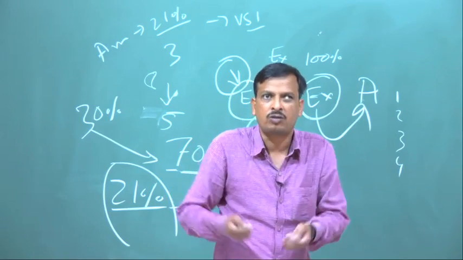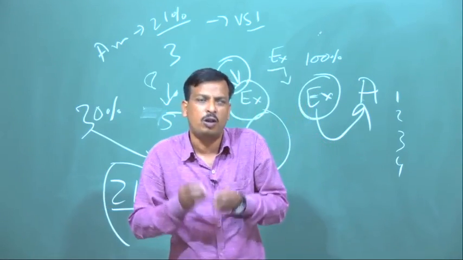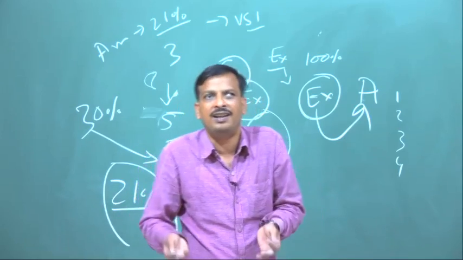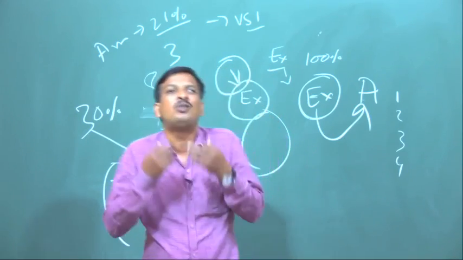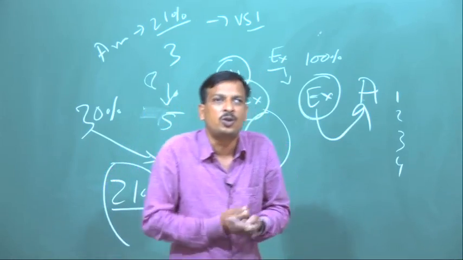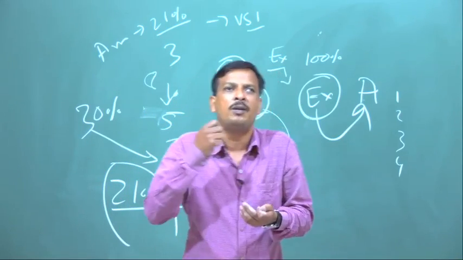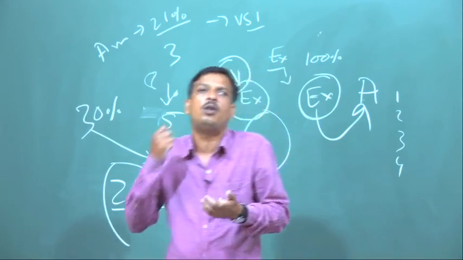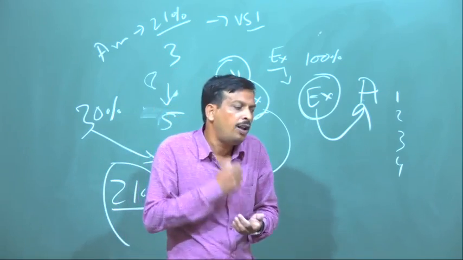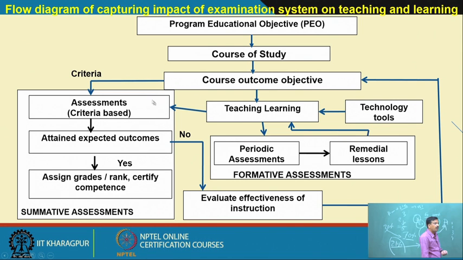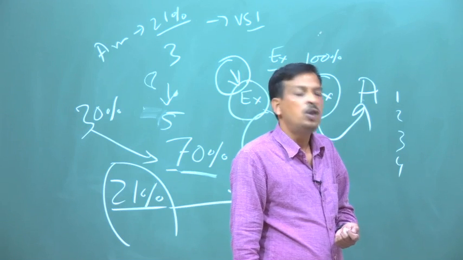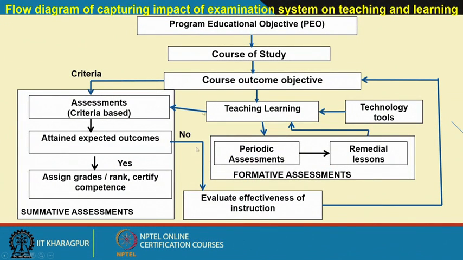So, for the design of the course, for the purpose we are engaged in here, classroom teaching, as teachers we should test whether students have achieved my desired course outcomes or not. All the course outcomes or course objectives are the criteria. So, I design an assessment plan based on the criteria.